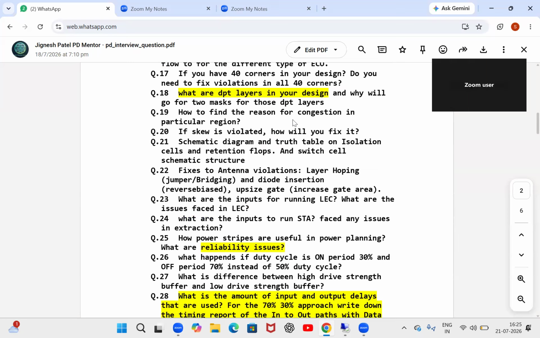What point? We have to first check why the congestion is coming. Is it due to cell density or pin density? If it is due to cell density, then we have to check why so many cells are sitting in a particular region.